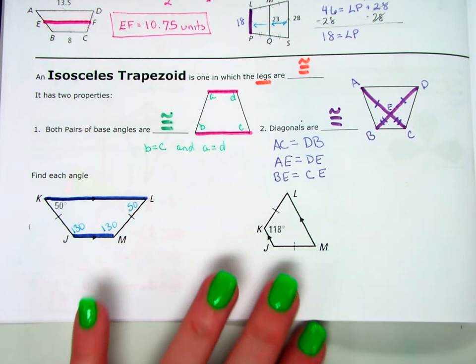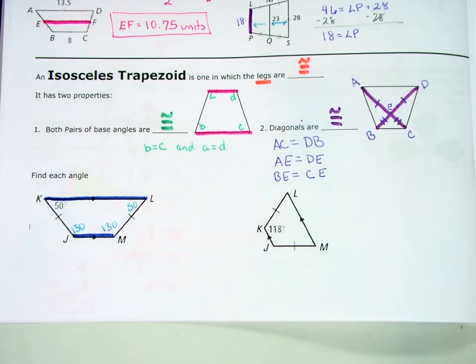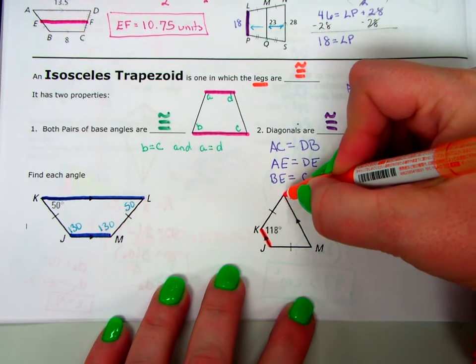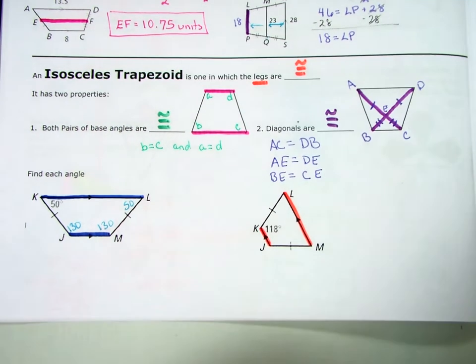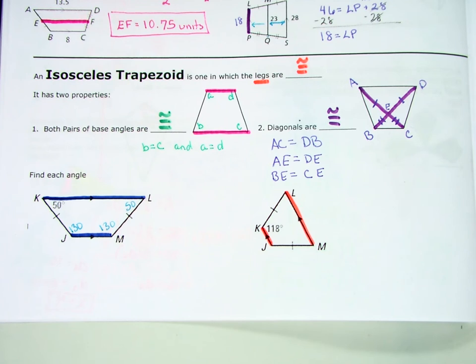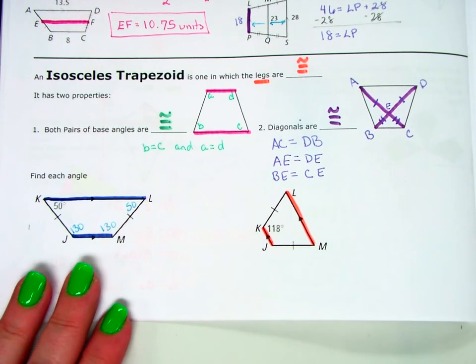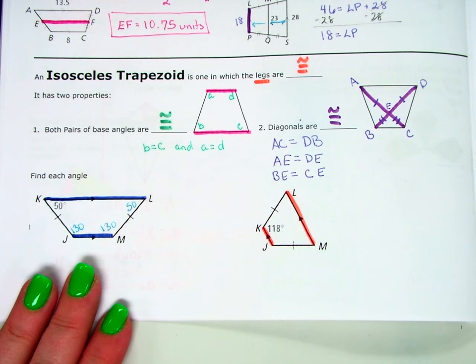Okay. On the next one, sometimes your trapezoids aren't sitting all nice and pretty. This one's kind of rotated. It like fell over. That's why it's always kind of helpful to just visually eyeball where your parallel sides are. How big is angle J?